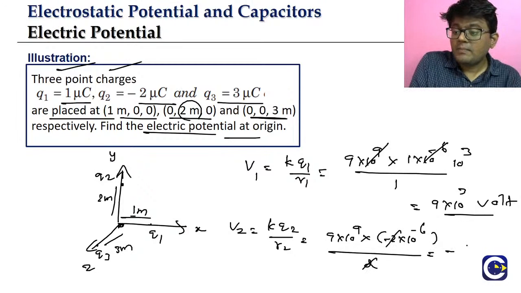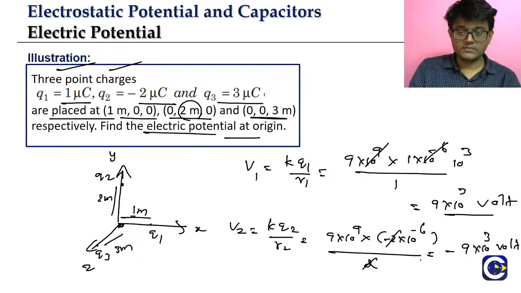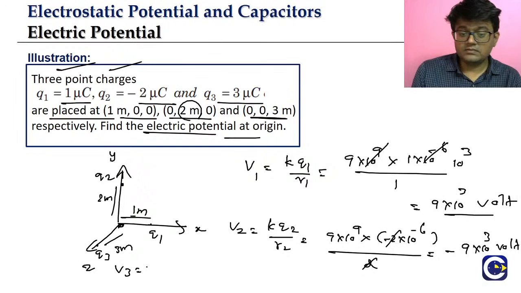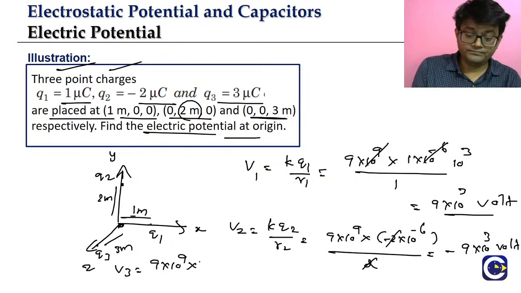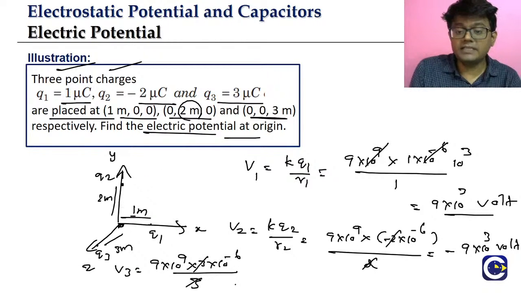Minus 9 into 10 power 3 volt. That is V2. Then V3 is k into q3 by r3, which is 9 into 10 power 9. What is q3? Divided by r3, which means 3 meters. Here the 3 will cancel.